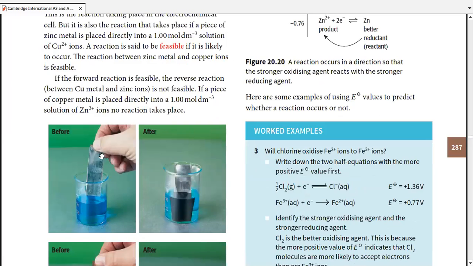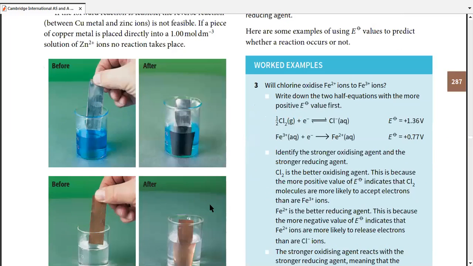This is a zinc strip dipped into a copper sulfate blue colored solution. After some time, you would see that red-brown copper atoms are deposited on zinc, changing the color of the zinc strip, and the solution fades. Why? Because most of the copper ions from the solution will tend to go and get deposited on the zinc strip. Okay?